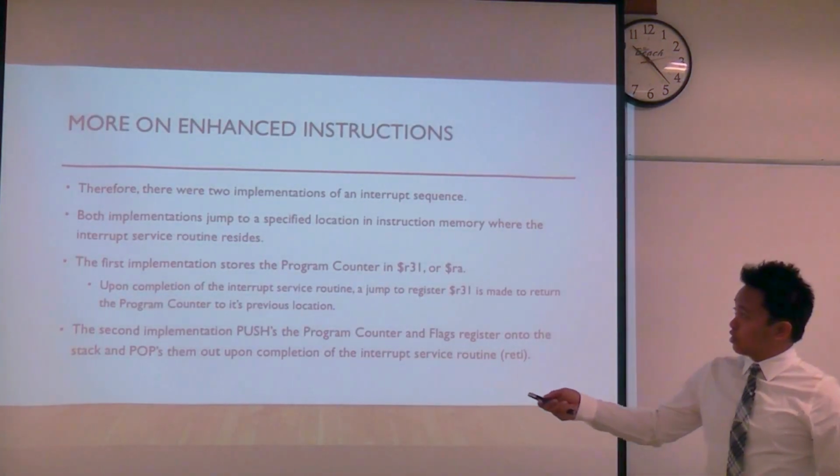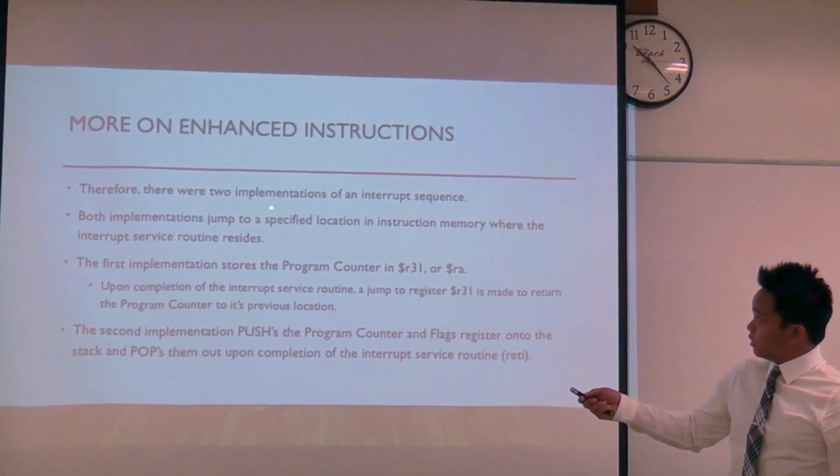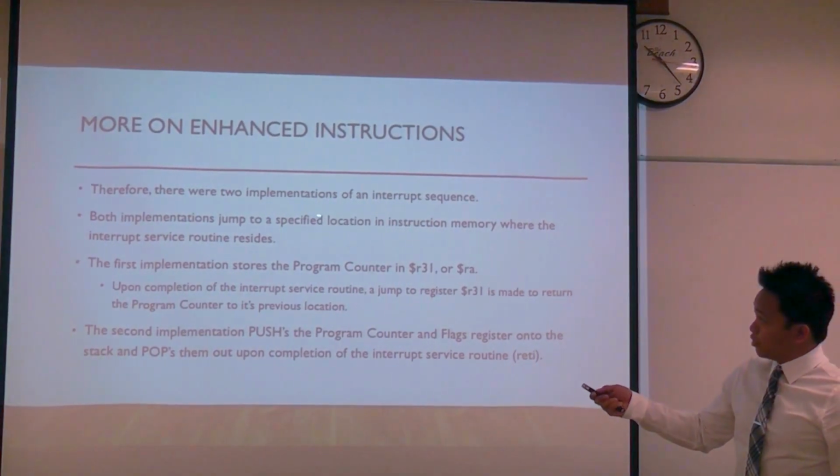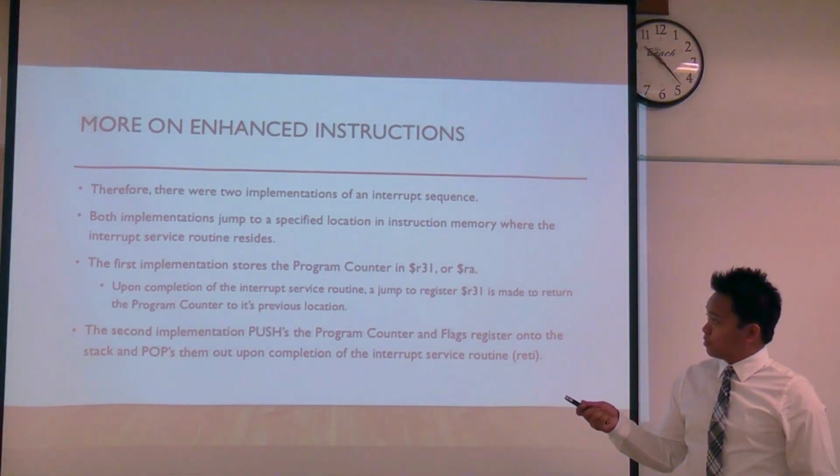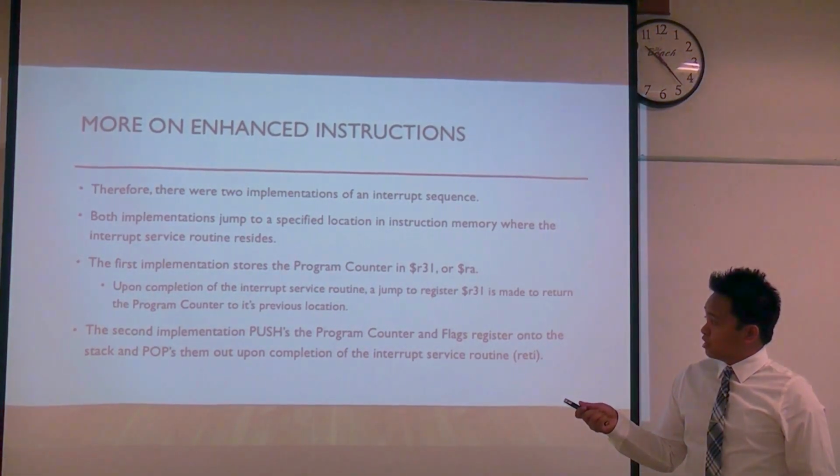So just a little bit more on the whole interrupt sequence. There are two implementations. Both implementations jump to a specified location in instruction memory where the interrupt service routine resides.